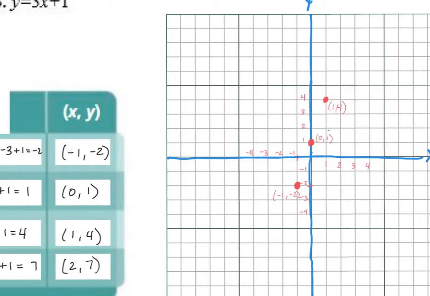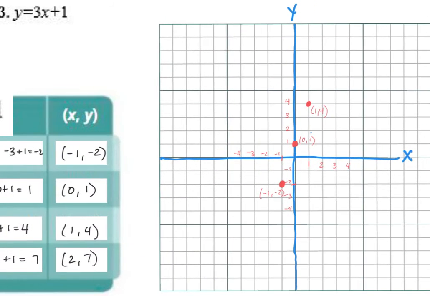Okay. Carlos, you're up. Where is 4, 7? Or 2, 7? 2, 7 would be 2 on the x-axis and 7 on the y-axis. Good. 2 in the x-axis, that's right here. And then up 7, so 5, 6, 7 in the y-axis, all the way up here.